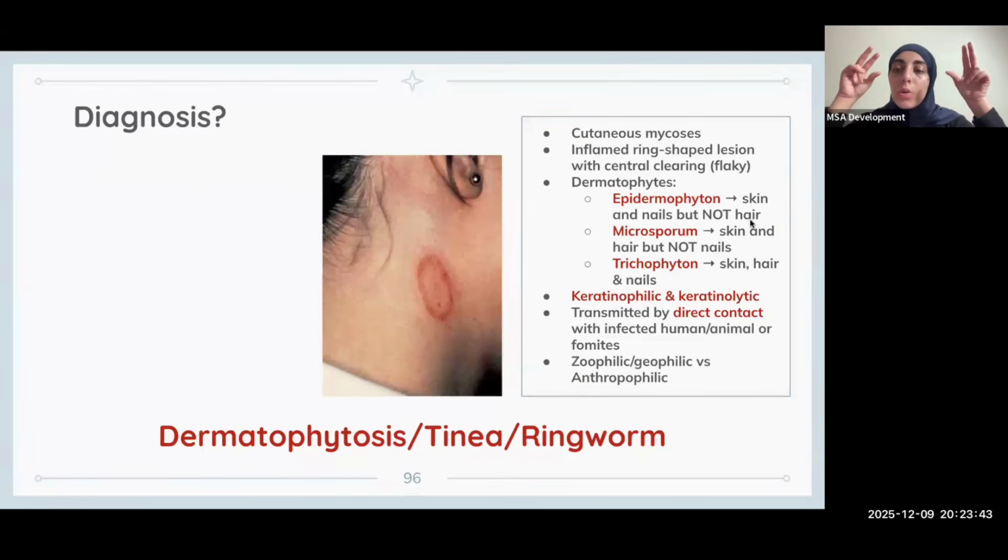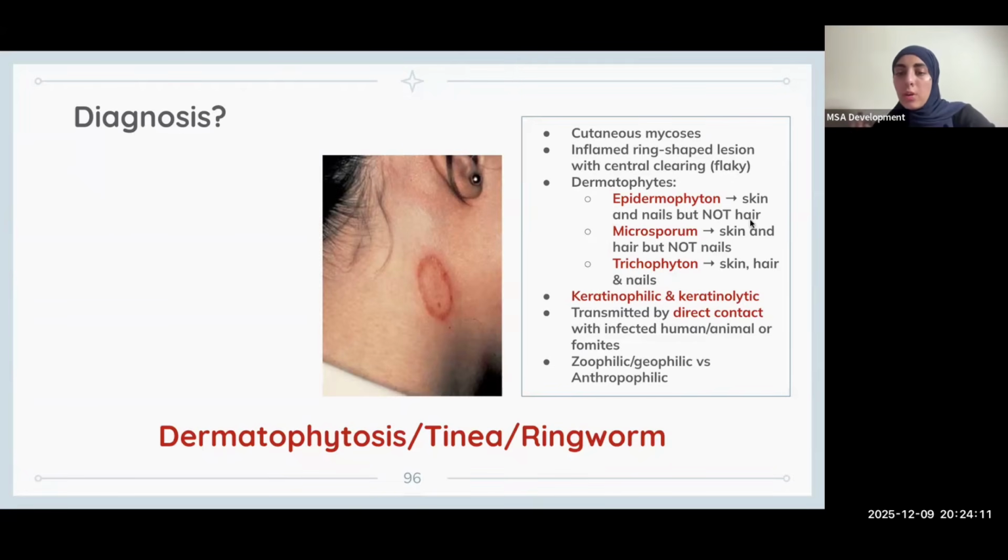They can be zoophilic or geophilic or anthropophilic. Zoophilic is the one that's from animals. They get it with contact with animals. Geophilic is the one seen in fomites, so in clothes or towels. And anthropophilic is the one seen in humans. The one that's chronically present in humans. So someone has just a chronic dermatophytic infection.